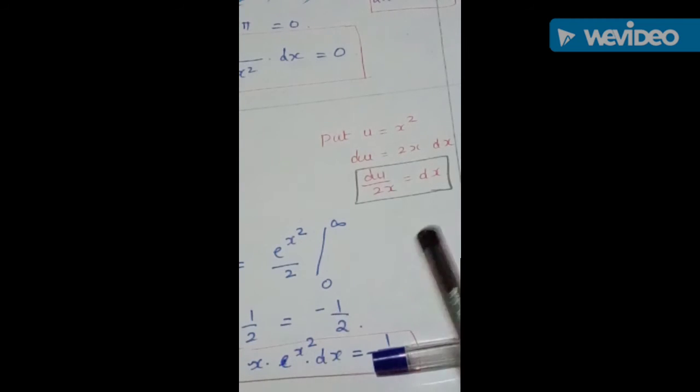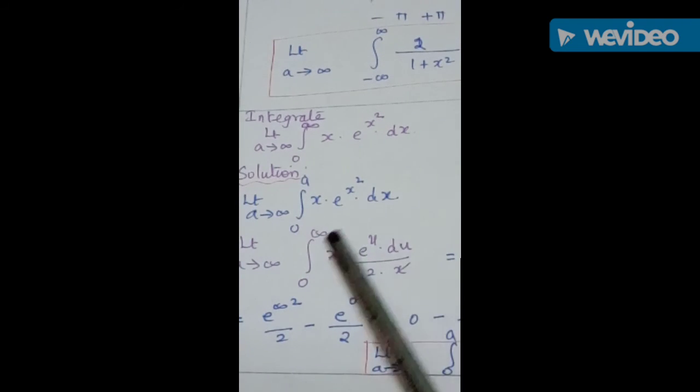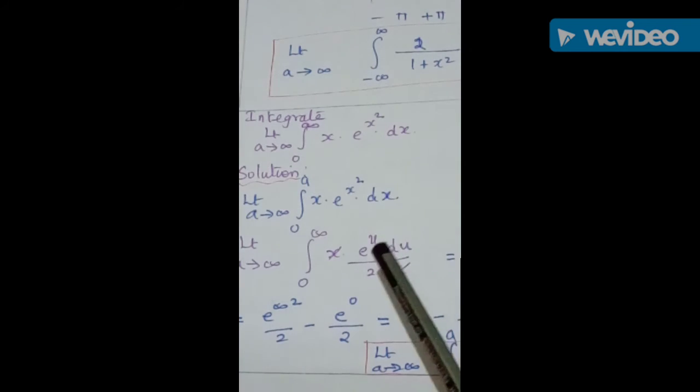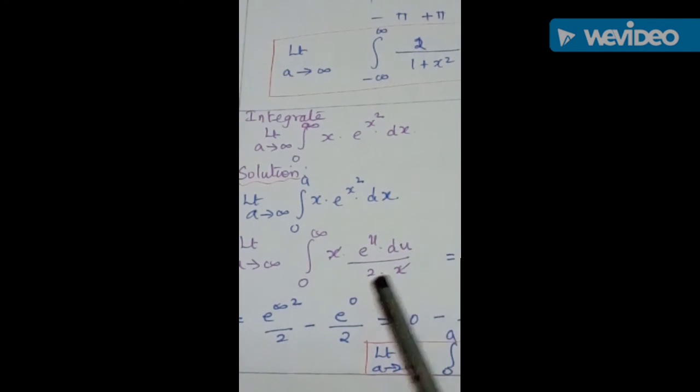Substituting this value here, we can write e power u into du, and dx can be replaced by du by 2x.